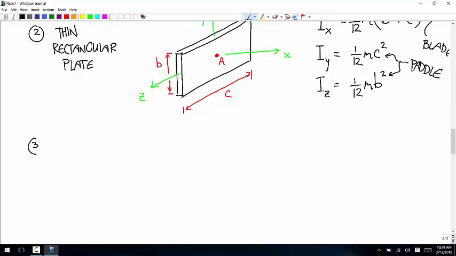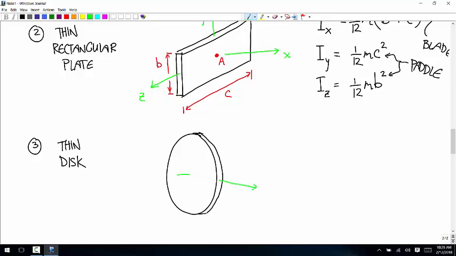Number 3 is a thin disk. The about point is the center.